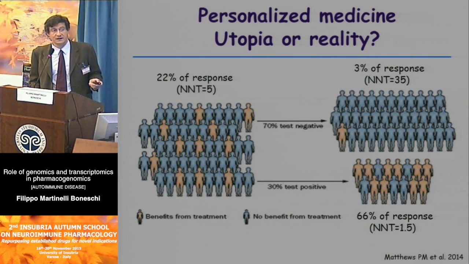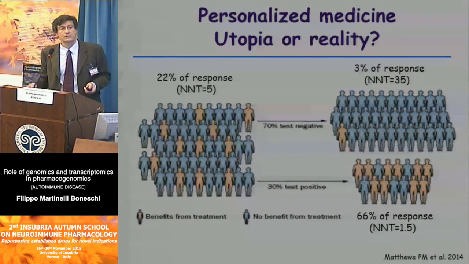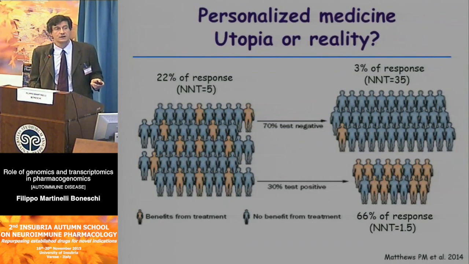Imagine having a test, a serological test or measures done on a biological sample, and the test is negative in 70% of the population, and those who screen negative for this test have a probability of response to the drug which is 3%, which means that you need to treat 35 patients to have 1 who actually benefits from the drug.